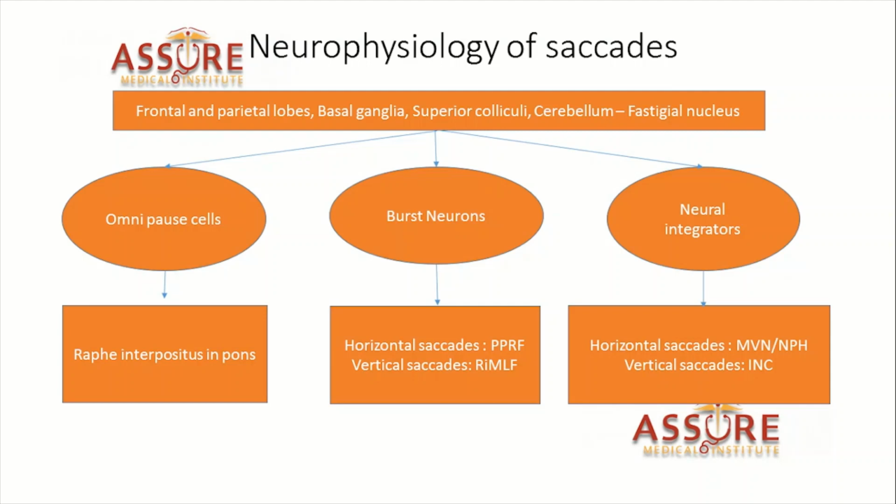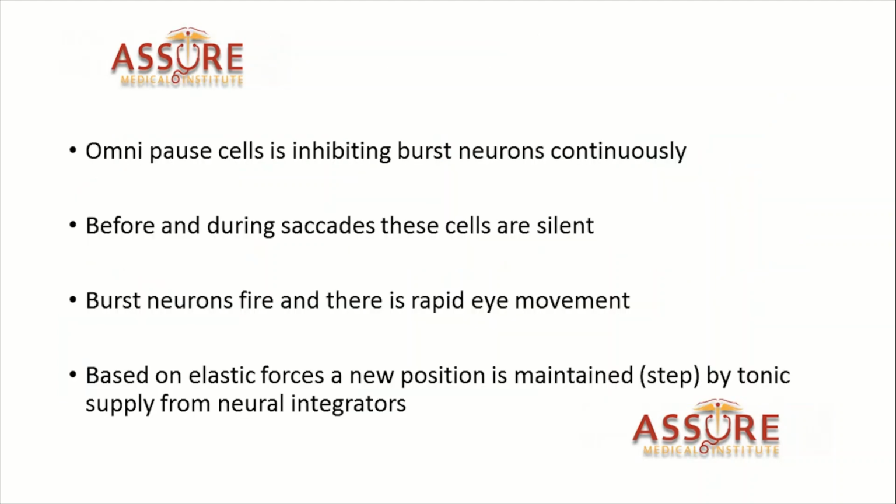Lower down in the brainstem, we have omnipause cells, common for horizontal, vertical and torsional saccades, that is the raphe interpositus in the pons. For the burst neurons, horizontal saccades will be PPRF in the pons, and vertical saccades will be the RiMLF in the midbrain. For the neural integrators, horizontal saccades will be the medial vestibular nucleus and nucleus prepositus hypoglossi. The vertical saccades will be the interstitial nucleus of Cajal.